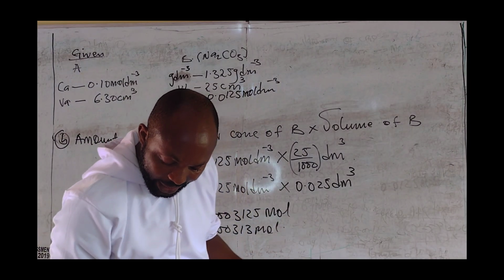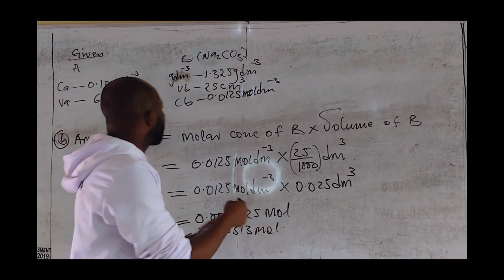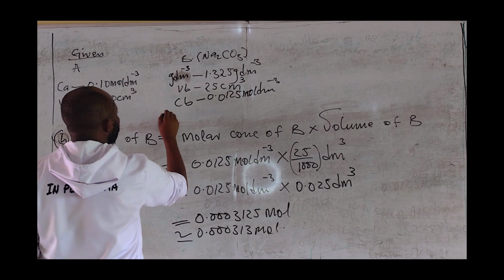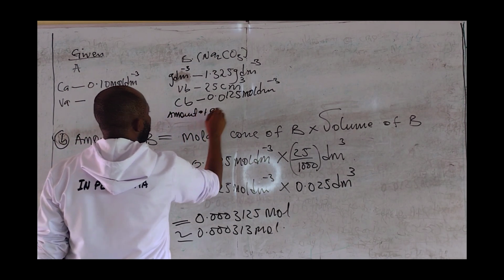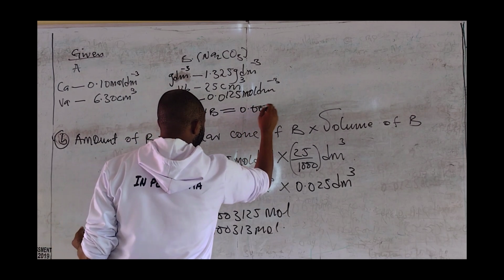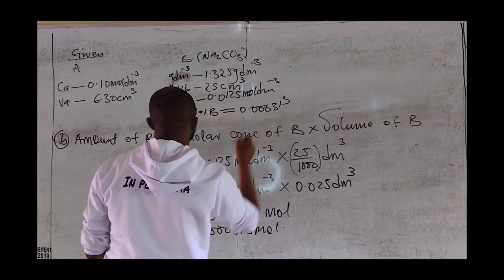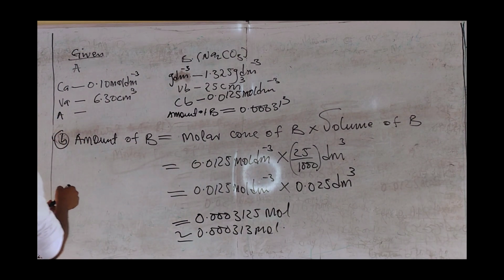Our C says the mole ratio of acid to base. So let me put it here. The amount of B is 0.000313. The amount of A, oh, I forgot what it was.